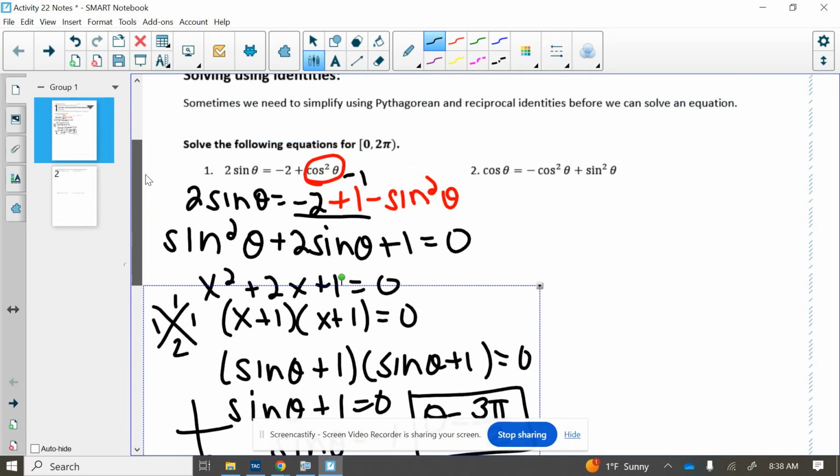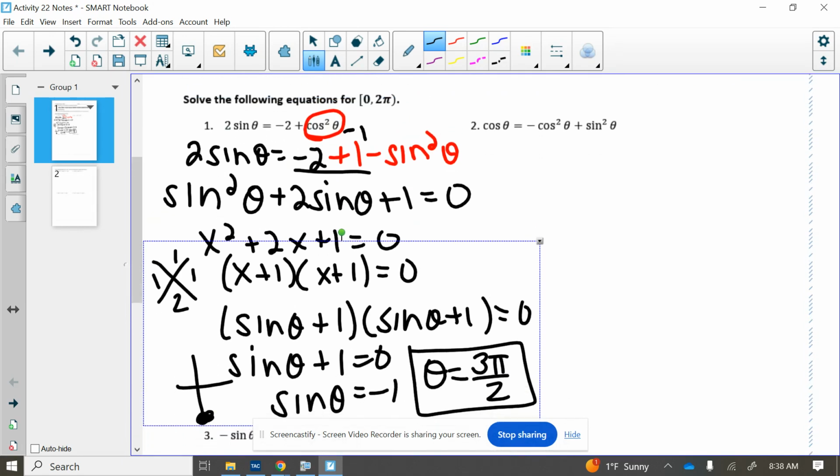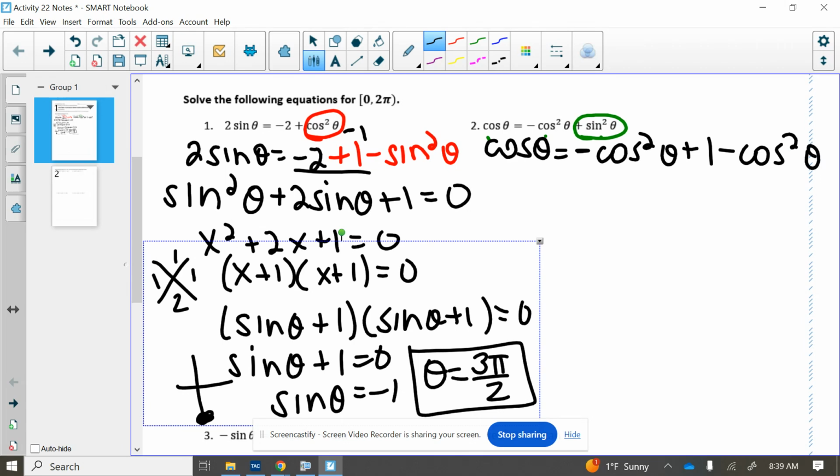Now, in our next example, we again want everything in terms of the same trig. So this time, notice we have a cosine squared and a sine squared. We can make the substitution for the sine squared so that everything is in terms of cosine. So we would have cosine theta equals negative cosine squared plus 1 minus cosine squared on that.